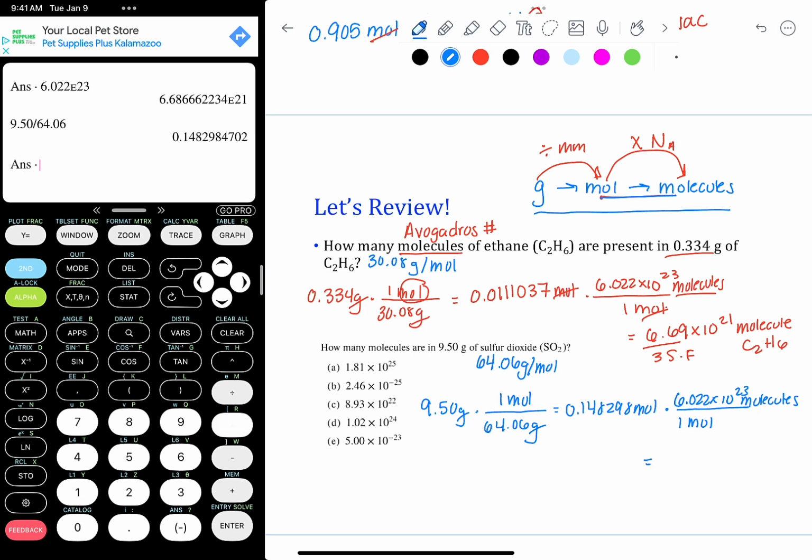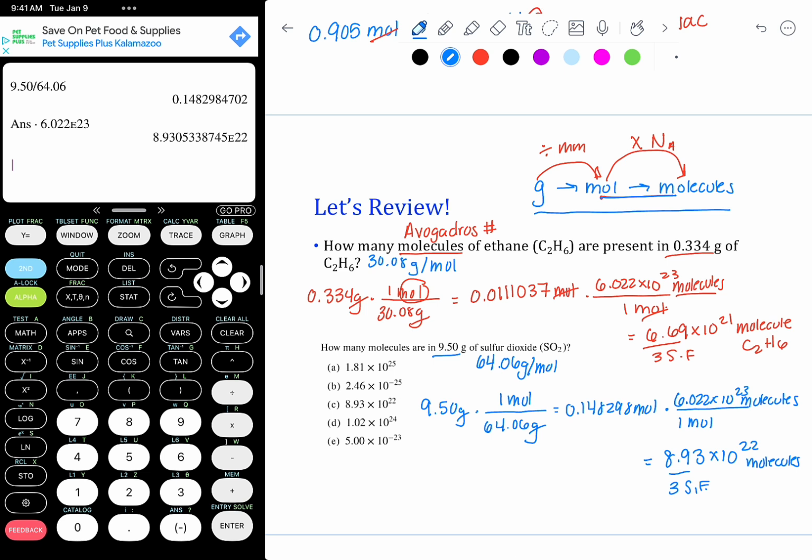So we take this number, we multiply it by 6.022 times 10 to the 23rd, and we get 8.93 times 10 to the 22 molecules. This has 3 significant figures because there are 3 significant figures in my original problem. So that would correspond with answer letter C.